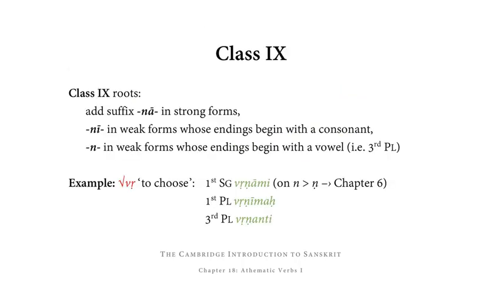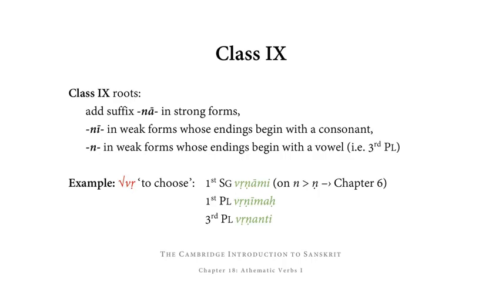Class 9 roots, finally, add na in the strong forms, ni in the weak forms whose endings begin with a consonant, and n in the weak forms whose endings begin with a vowel, which effectively means the third person plural. They add this after the root.